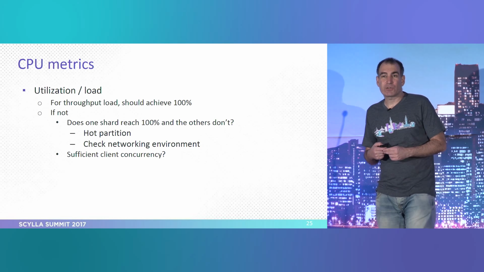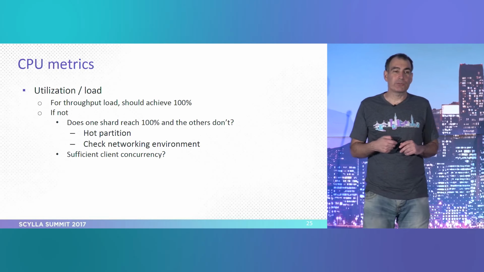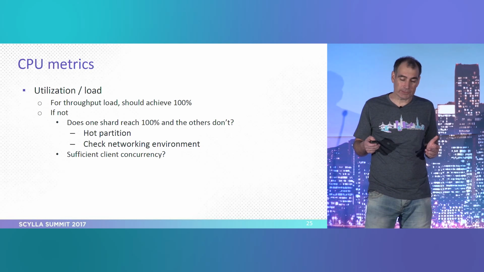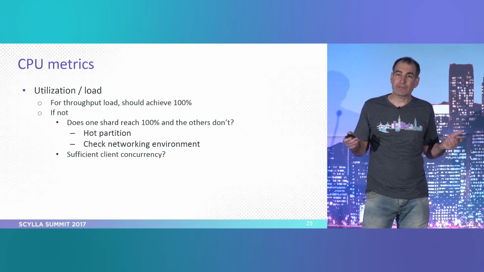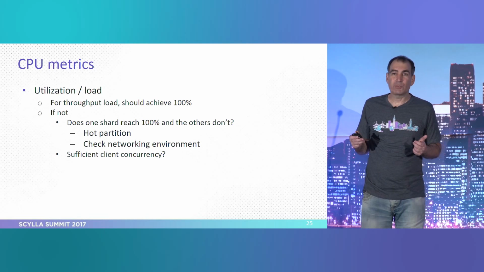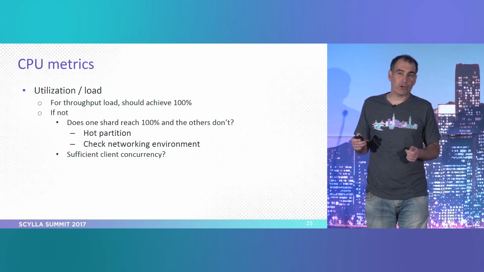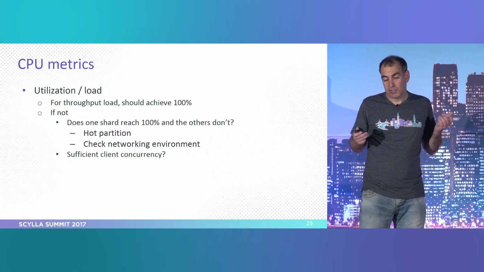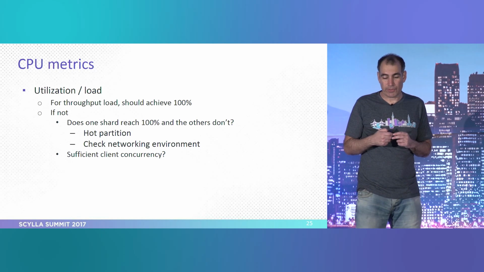Very often, it's that you have one shard or a small number of shards that did reach 100%, and they're blocking everything else. So you want to understand exactly why that happened. It could be that you have a hot partition. It could be that you have a problem with the networking environment, like I mentioned in the beginning. You need to go and check those things.